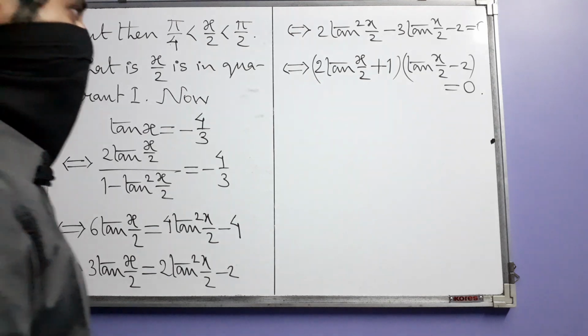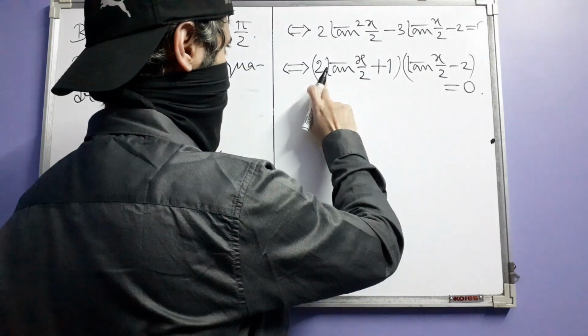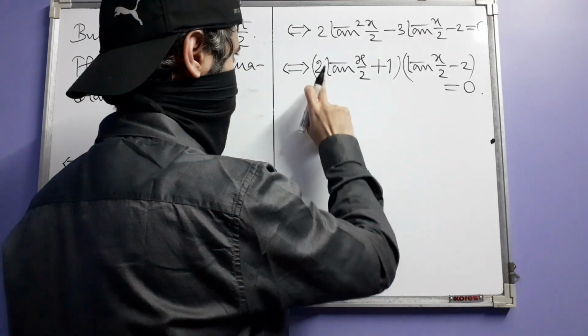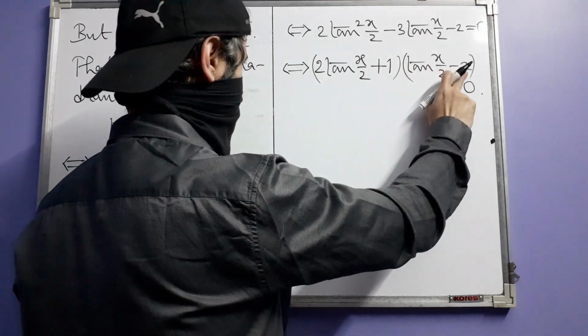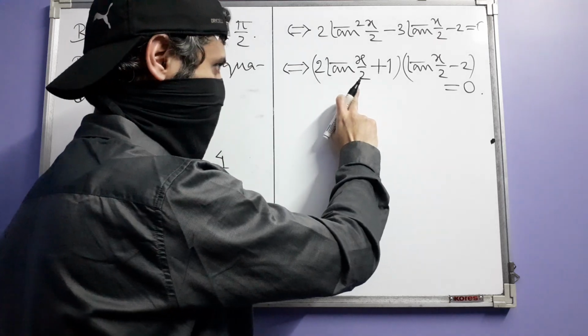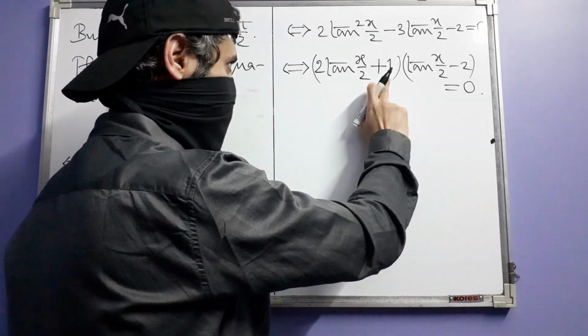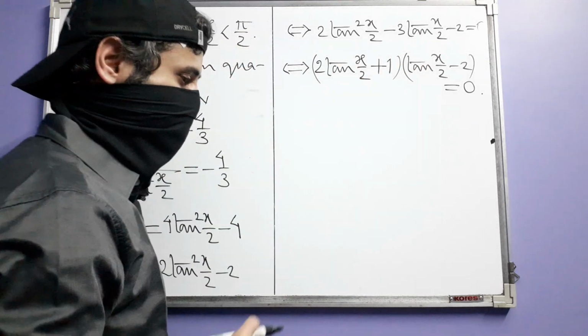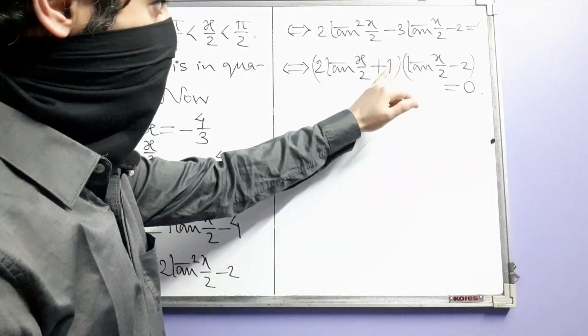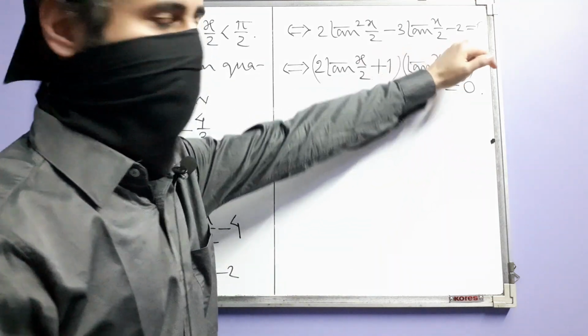Do we really get this? Let's just see. 2 times this is 2 tan square x over 2. 2 times minus 2 is minus 4 times this tan, plus 1 times this, that means minus 4 plus 1 is minus 3, and plus 1 times minus 2 is minus 2, yes.